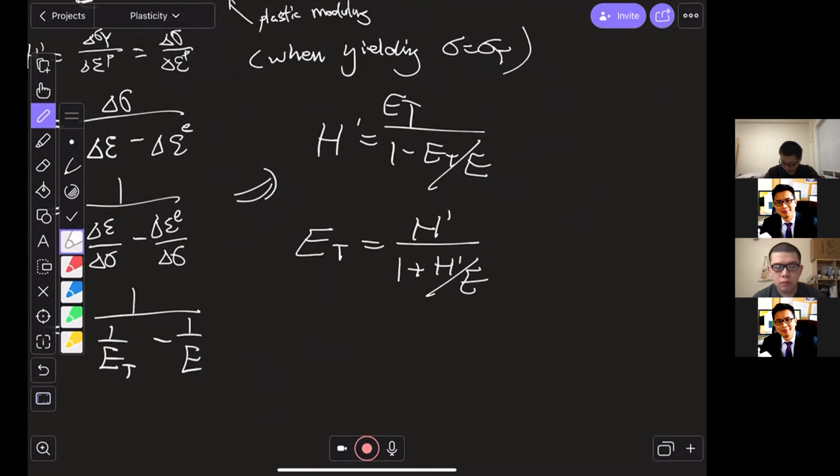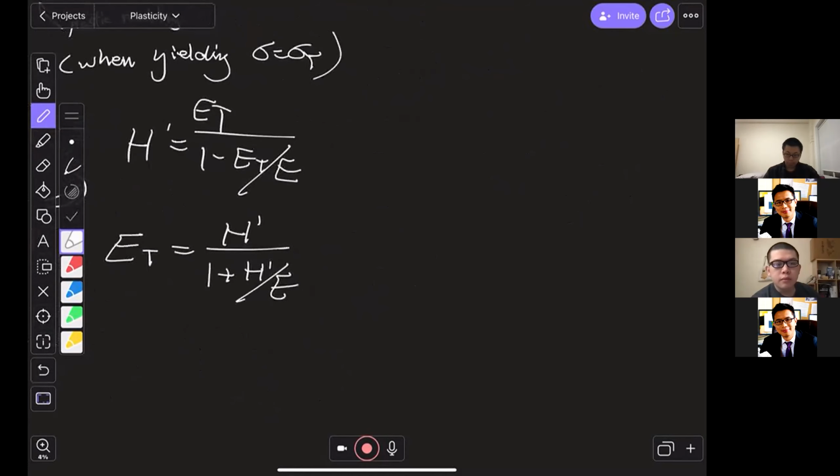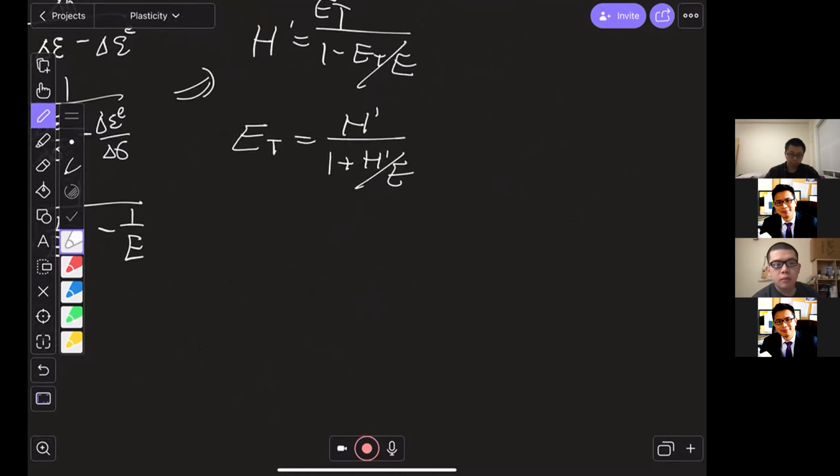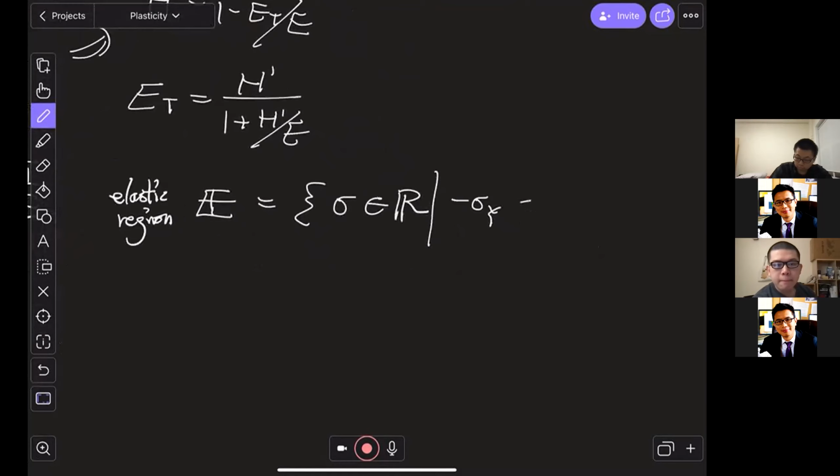Okay, so now I would formally define the plastic part. Okay, so the elastic region of the material is defined as E, and in 1D that would be any stress that is a real number within the region.